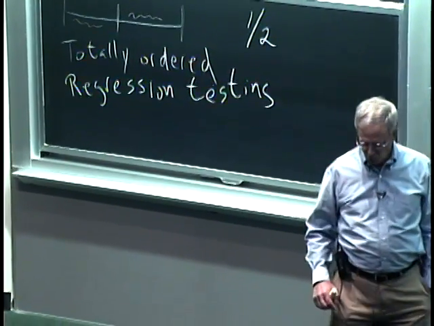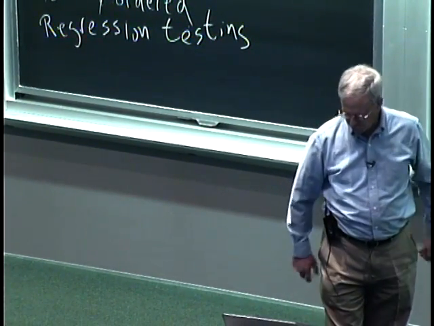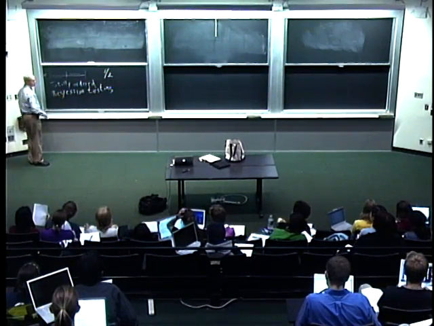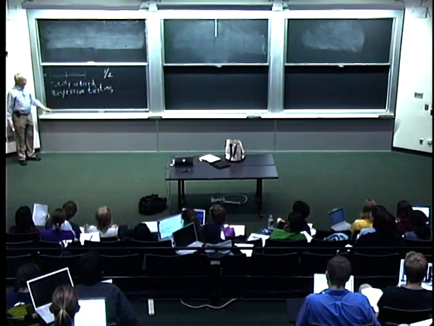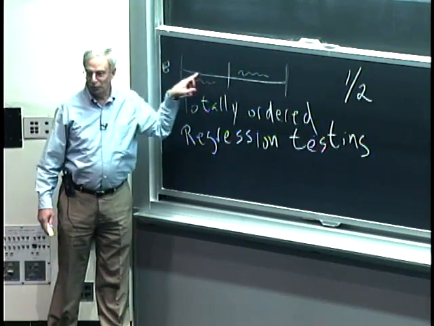Well, where did I tell my program to look for an answer? Between 0 and x. So the problem was the answer was over here somewhere. And so I'm never going to find it cleverly searching in this region, right?